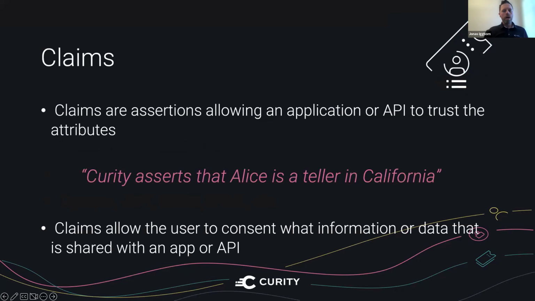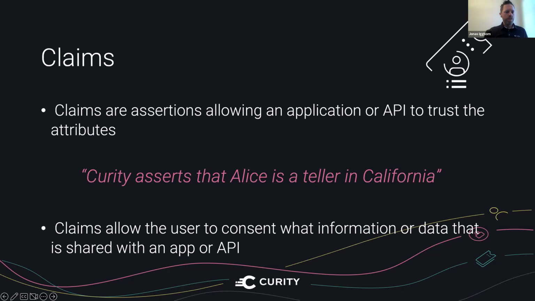So within the token, we hold something called claims. A claim is essentially an assertion that allows the API or the application that's going to consume the token to trust the value that the claim holds. So if you have a token that contains the subject Alice and the role teller in the region California, and Curity has issued the token, it essentially means that Curity asserts that Alice is a teller in California.